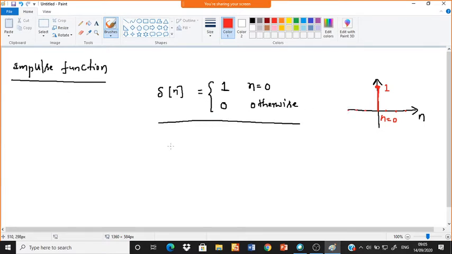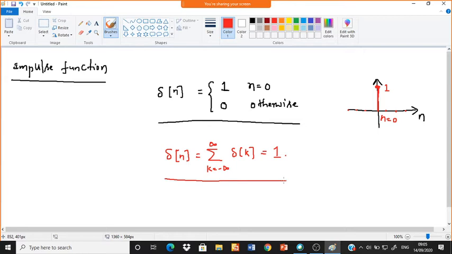In the summation form also we can define this: del of n is equal to sigma k equal to minus infinity to plus infinity of del of k, which is equal to 1. Or you can even change the variable, as sigma n equal to minus infinity to plus infinity of del of n equal to 1. The variable you can change to anything. This is how we define the impulse function.